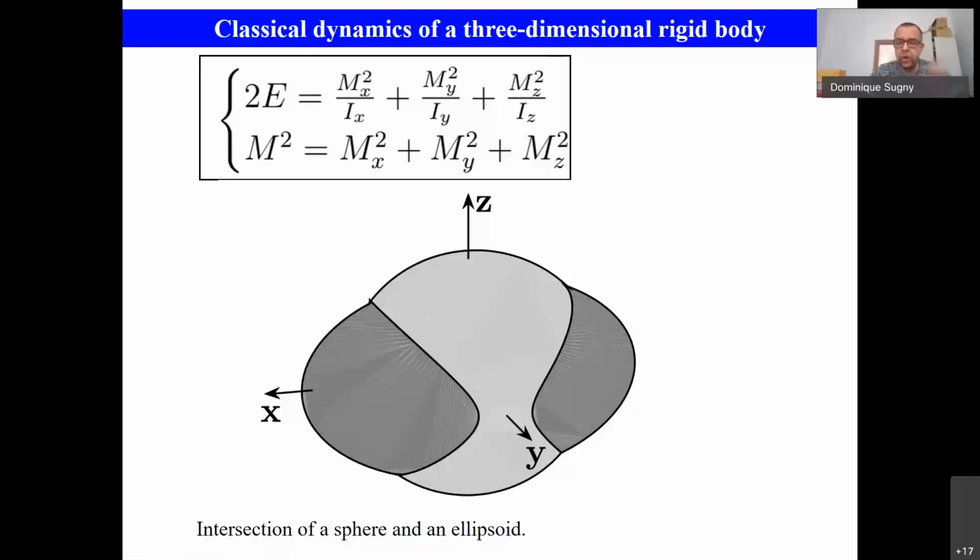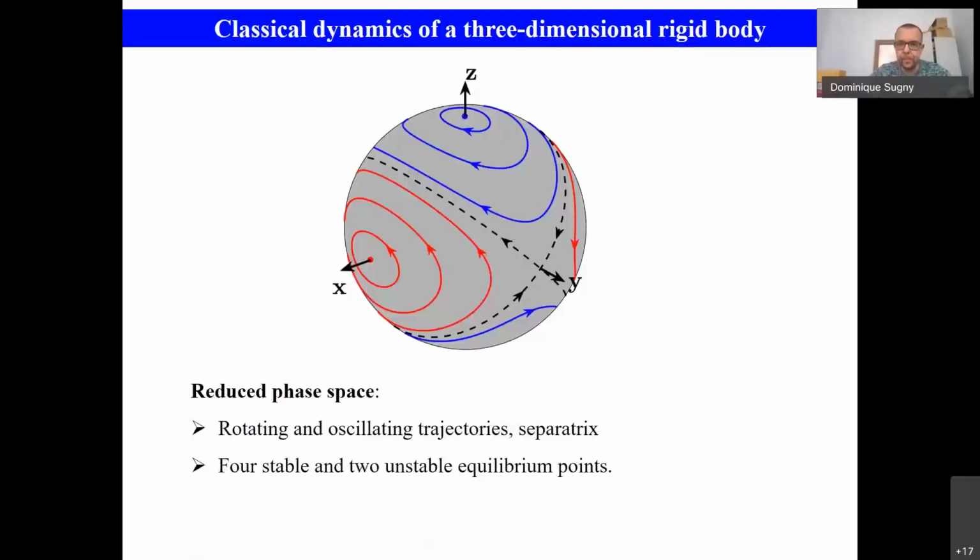Okay, and in general, to have a very simple picture, we fix the norm of the angular momentum, for instance to 1, and we vary the energy E. For each energy E we have some trajectories, a given intersection, and then we plot on the same sphere all the possible trajectories. That's what we did here in blue and in red.